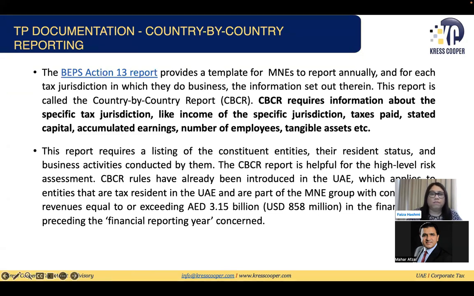In our next lectures during the next 2-3 weeks, we will be discussing all of this in detail. Like we said, we will discuss the documentation in detail, all the methods in detail, and the guide in detail. I will hand it over to Mahar now, who will take you through today's topic, which is the comparable uncontrolled price method. So Mahar, over to you.